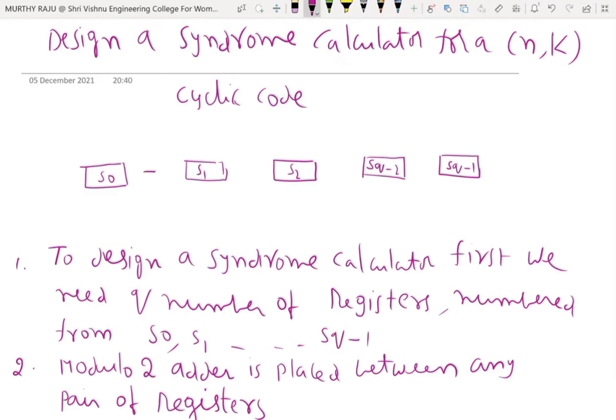These are the modulo 2 adders placed in between any pair of registers. Here, in front of the first register S0, a modulo 2 adder is placed.